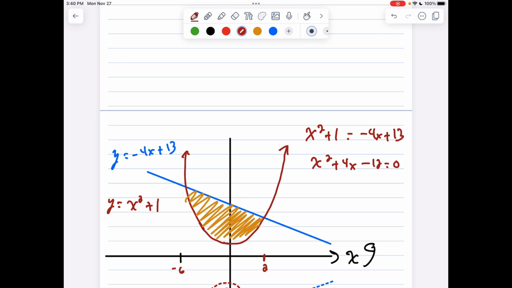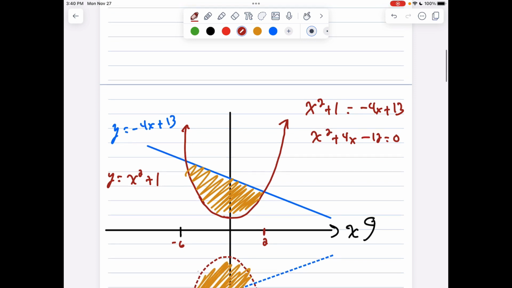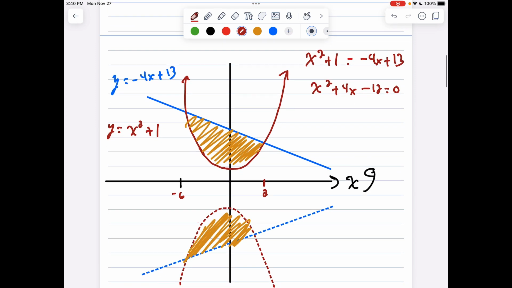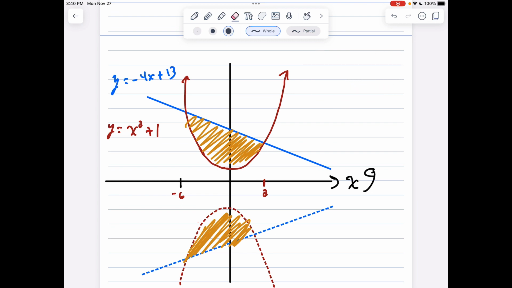For part A, we're going to take that region and rotate it around the x-axis. And if we did that, we're going to have something along what you see here. And yes, this is a three-dimensional object, because the idea is to take this region and imagine it's on a table.